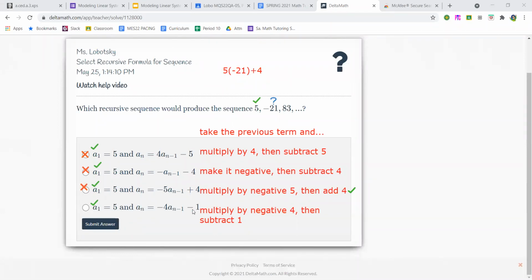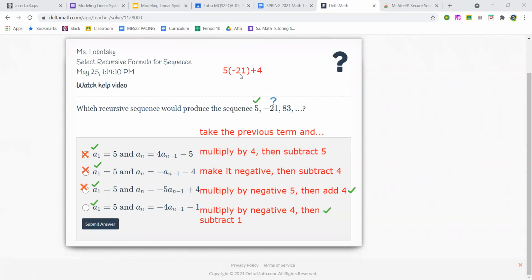And then finally, multiply by -4 and subtract 1. So 5 times -4 is -20, subtract 1. That works. Let's try it for the other.